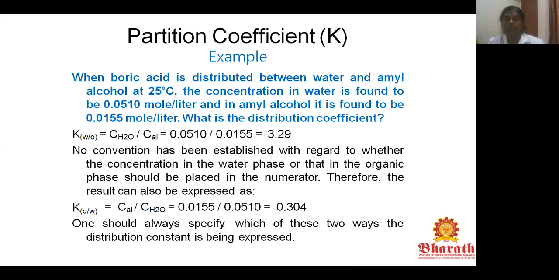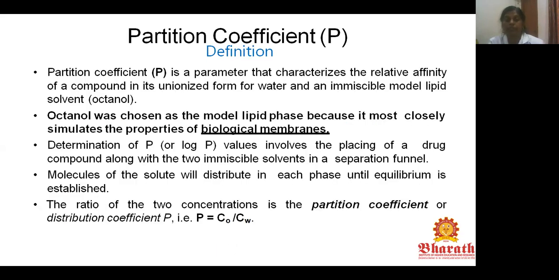No convention has been established with regard to whether the concentration in the water phase or that in the organic phase should be placed in the numerator. Therefore it can also be expressed as 0.304. So one should always specify which of these two ways the distribution constant is being expressed.